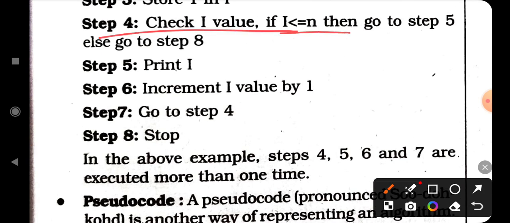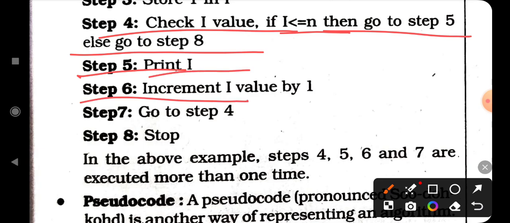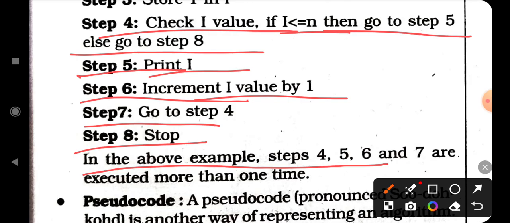If i is less than or equal to n, then go to step 5, else go to step 8. Step 5, print i. Step 6, increment i value by 1. Step 7, go to step 4. Step 8, stop. In this example, steps 4, 5, 6 and 7 are executed more than one time.